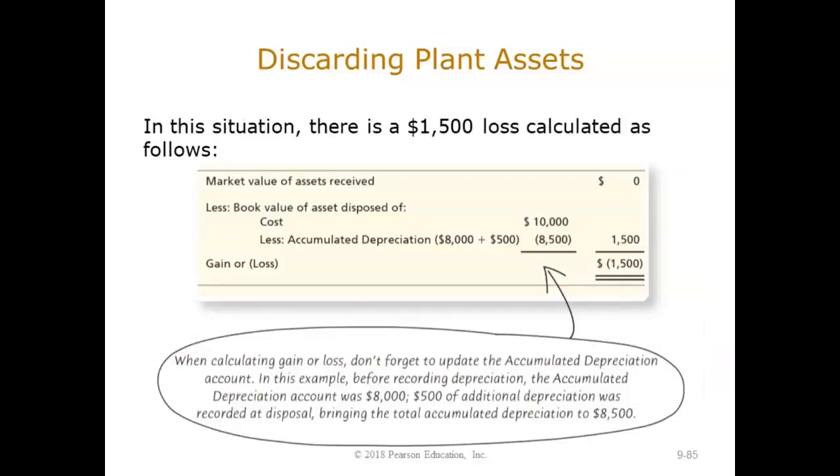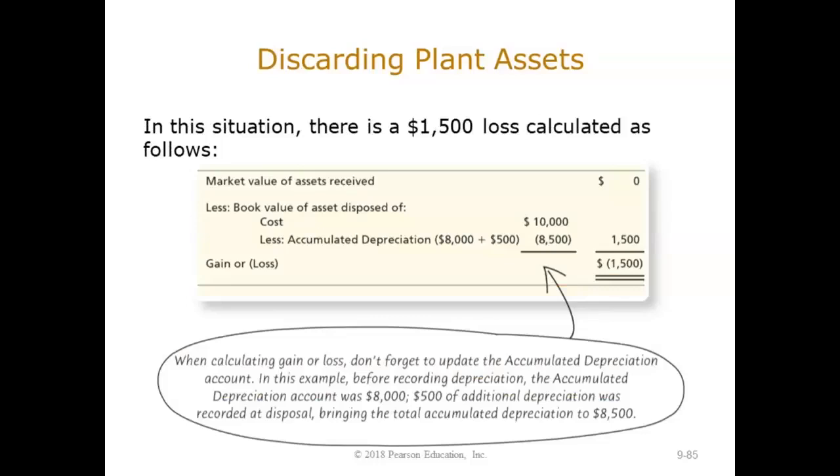Now, in this case, there's going to be a $1,500 loss on this asset because we're not receiving any cash and we're disposing of the asset. My book value of the asset is going to be a cost of $10,000 less accumulated depreciation of $8,500.